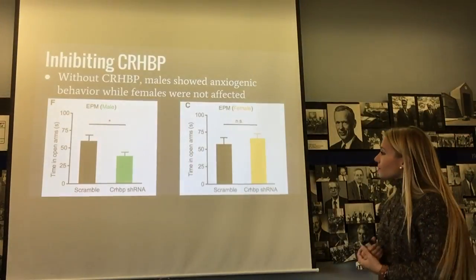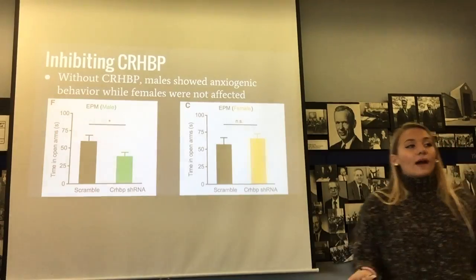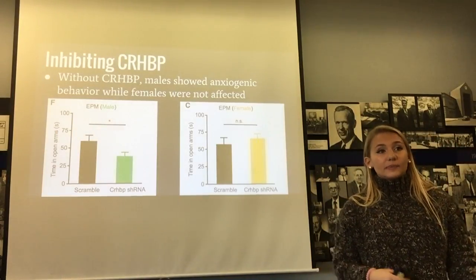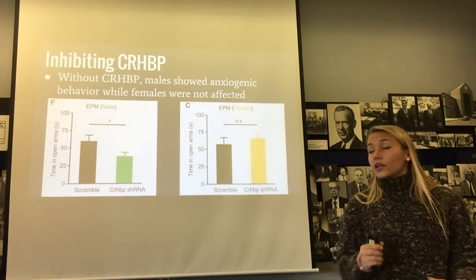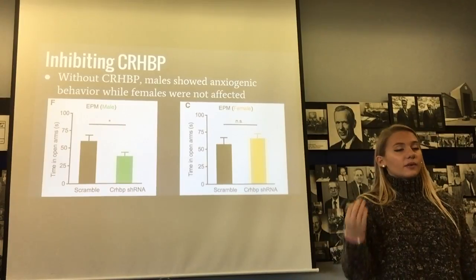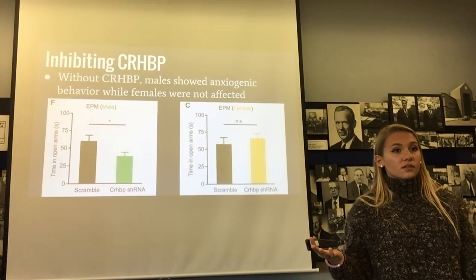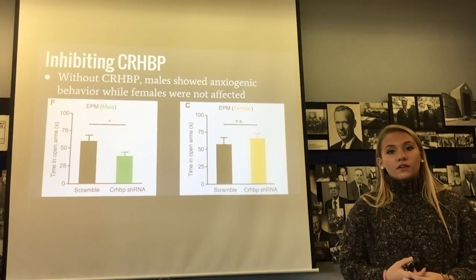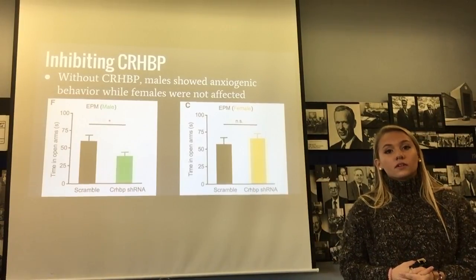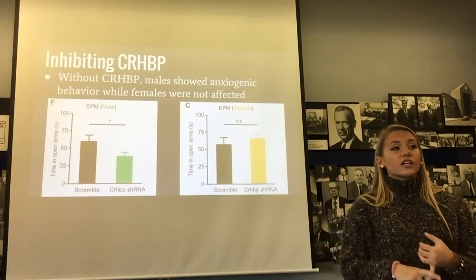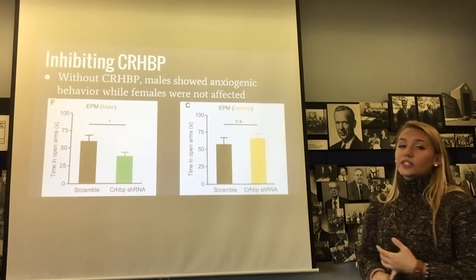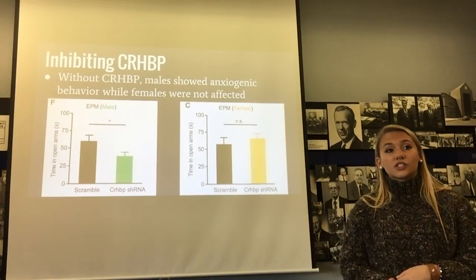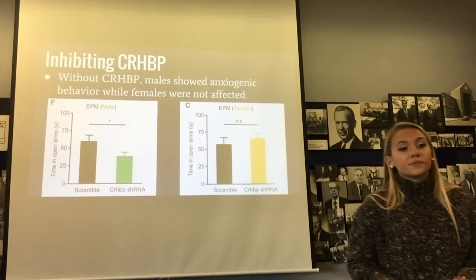So, what we wanted to see is what happens when we inhibit that binding protein I talked about earlier, CRHBP. Can anyone remind us what CRHBP is? Yes. It inhibits the CRH, which induces stress. Yes, so CRH induces stress, and when CRHBP binds to CRH, it can't induce that stress.